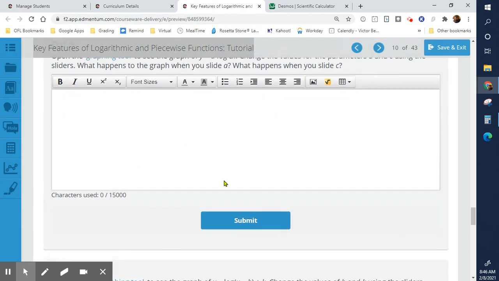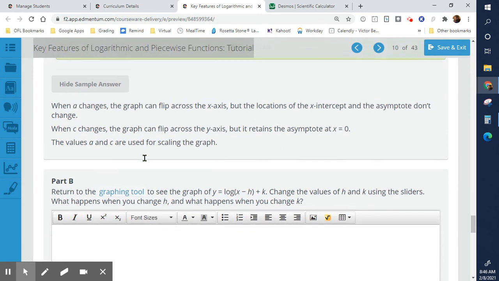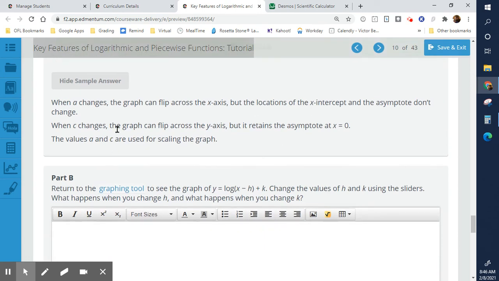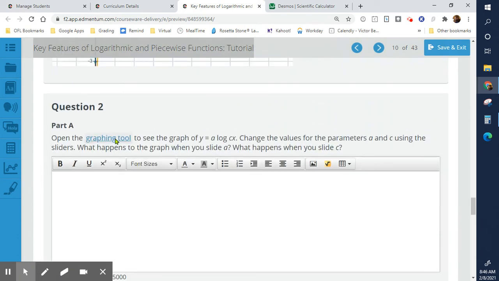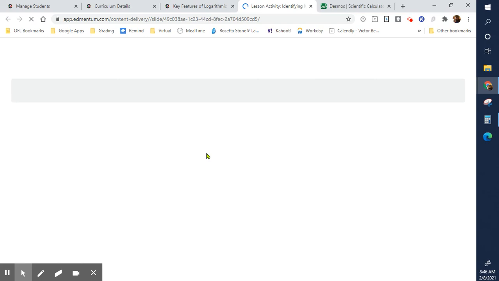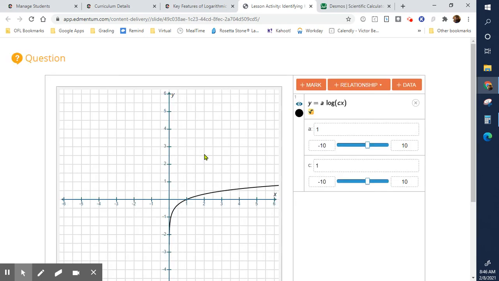Let me check their answer, because I feel like they might flip the function. Okay. Well, let's see their tool, because those answers aren't going to make a lick of sense if we don't do it ourselves. So let's go into here. When they're talking about C, oh, they are talking about that. Okay.